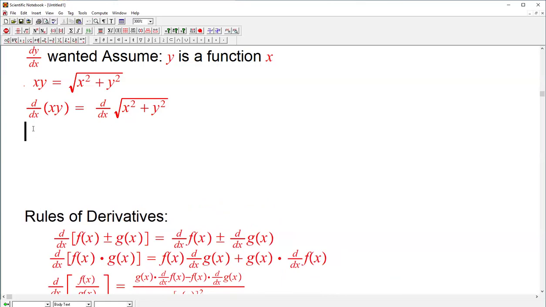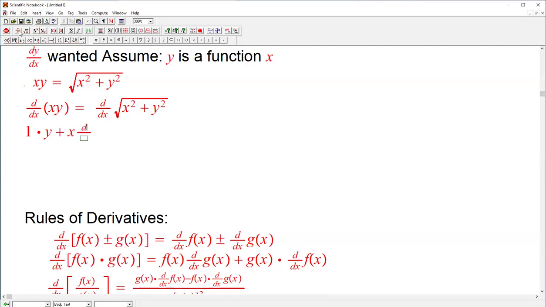Product rule, right? The derivative of x times y. By this time, I think we're pretty familiar with it. So we're differentiating the x, which equals 1 times y, plus we keep the x, and then we get dy dx. Equals, on the right-hand side, we need to use the same rule. We can see the entirety of the square root, x squared plus y squared, as u.